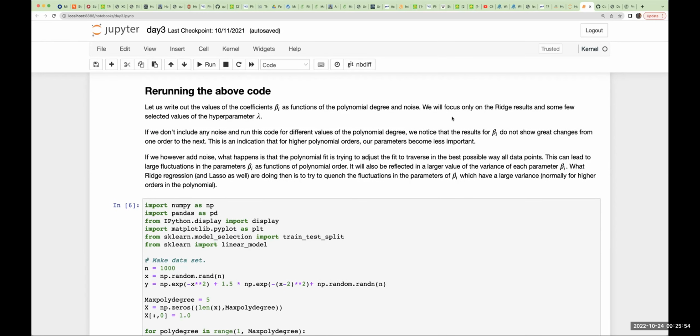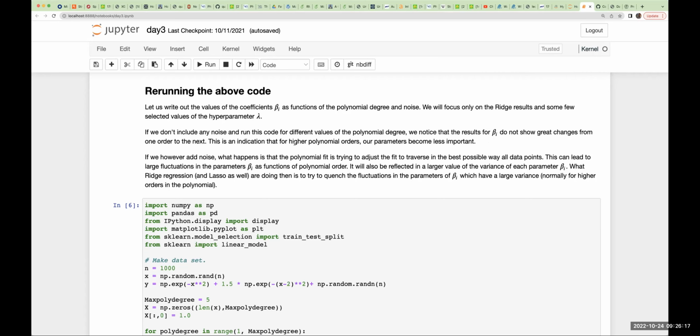So in this case, we are going to focus only on the Ridge results and a few selected values of the hyperparameter lambda. If we don't include any noise and run this code for different values of the polynomial degree, what we will see then is that the results for the beta y do not show great changes from one order to the next.